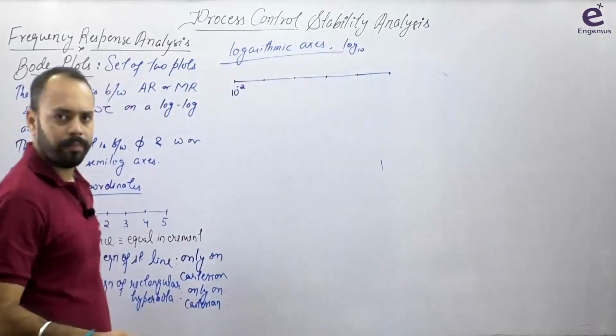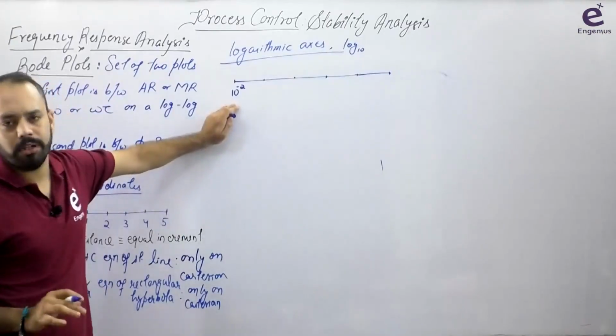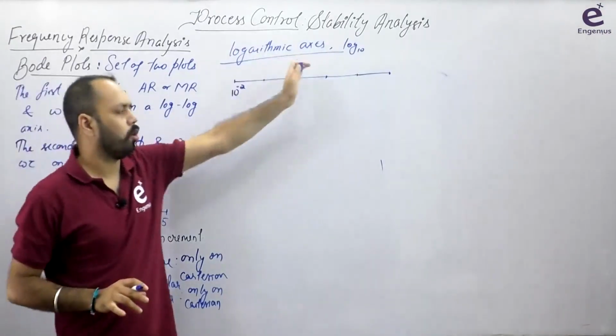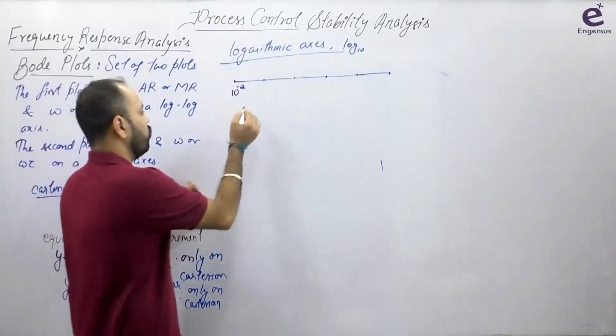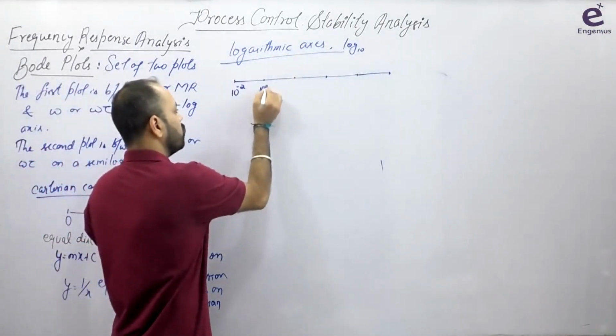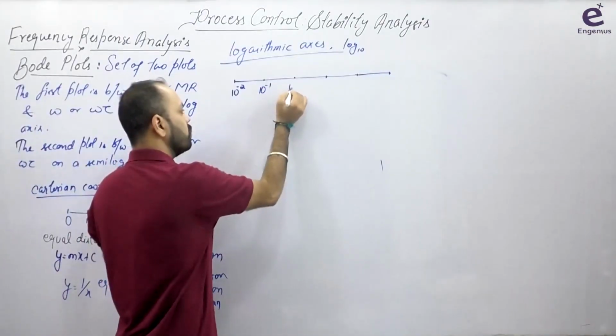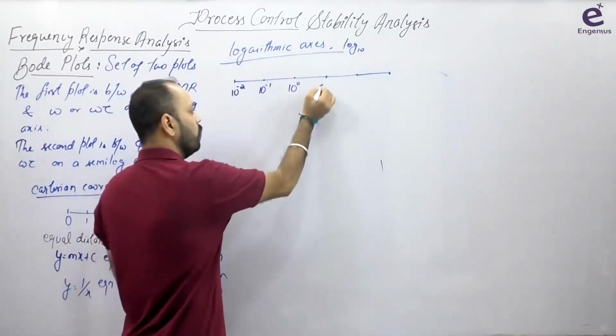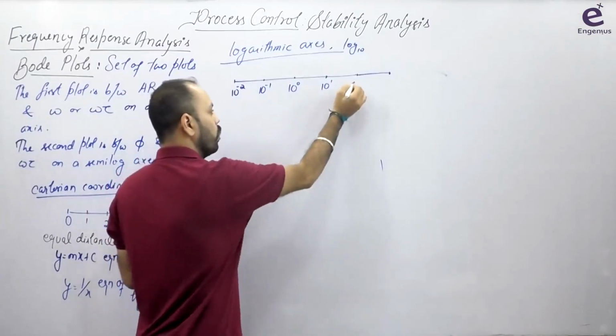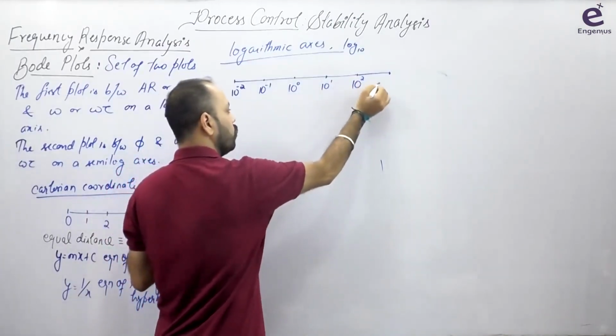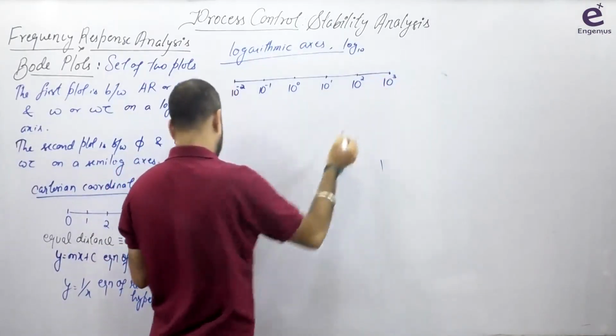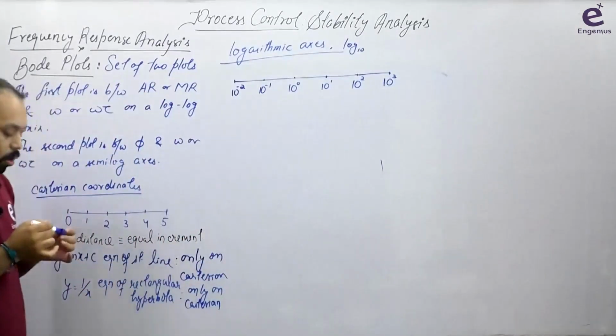If this is 10 raised to the power minus 2, why 10? Because I am dealing with log to the base 10. Then this one is 10 raised to the power minus 1. This is 10 raised to the power 0, this is 10 raised to the power 1, 10 raised to the power 2, 10 raised to the power 3, and so on. This is called logarithmic axis.